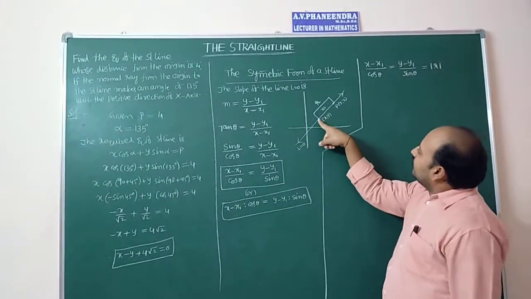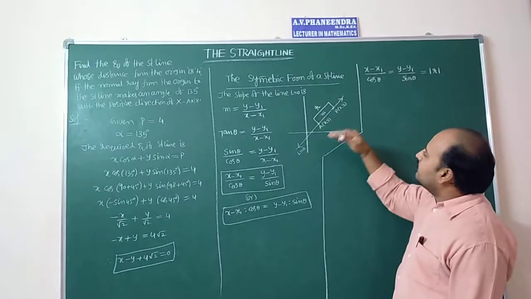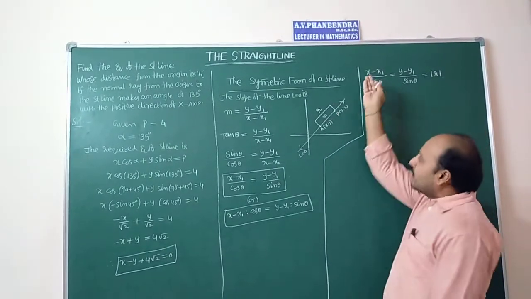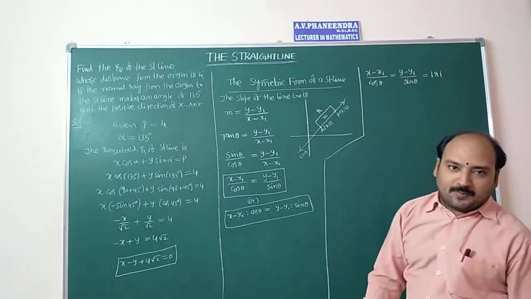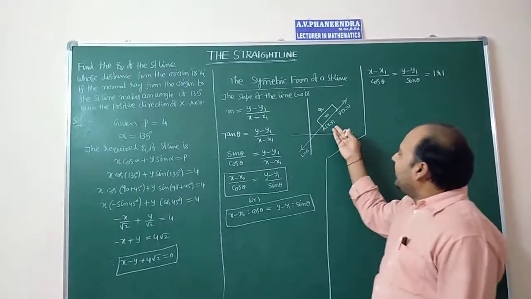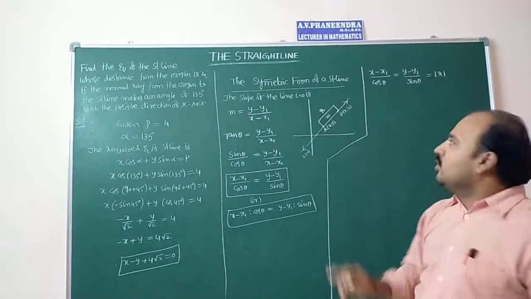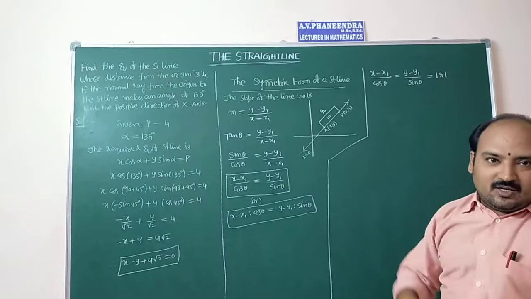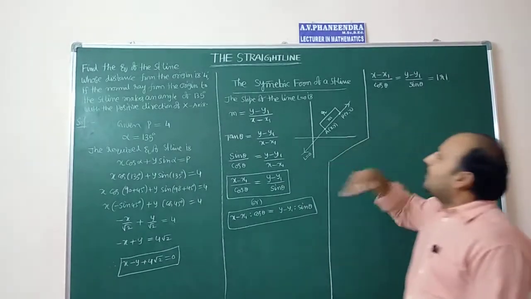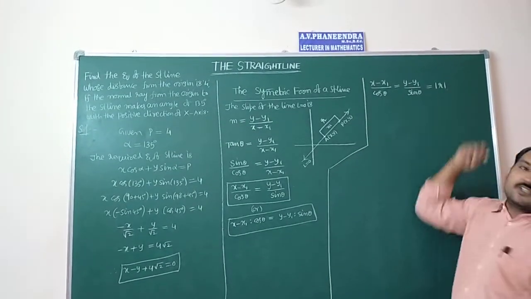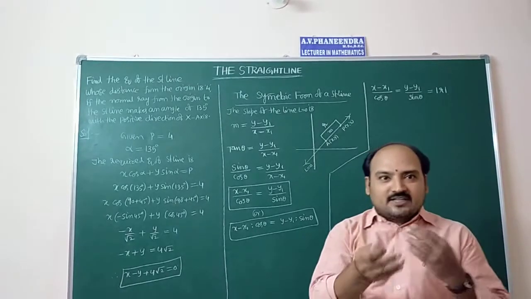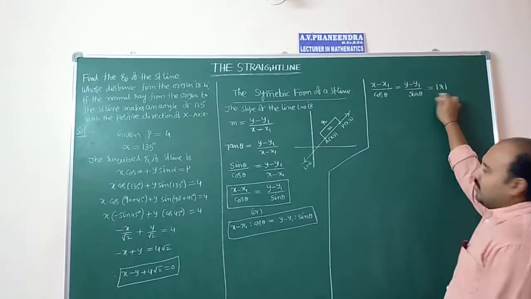Sometimes this point A is above the point P or below the point P. If the point A is below the point P, we consider minus R. If the point A is above the point P, the distance is plus R. So instead of taking plus or minus R, we are taking mod R.